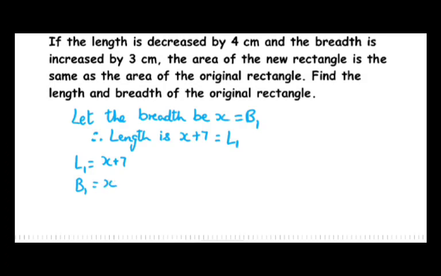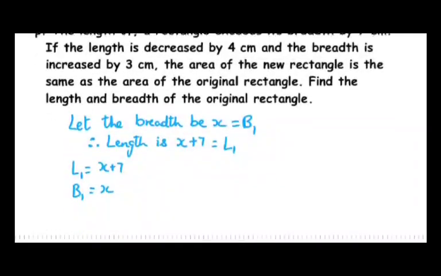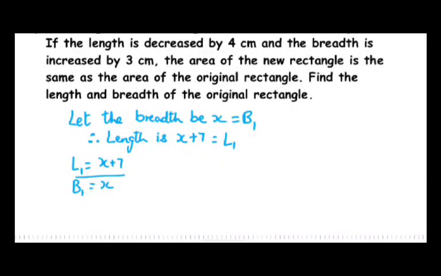Now what is it saying? If the length is decreased by 4, so what's my length out here? x plus 7. So my length 2 is going to be x plus 7, and it is going to be decreased by 4. That means minus 4, correct?